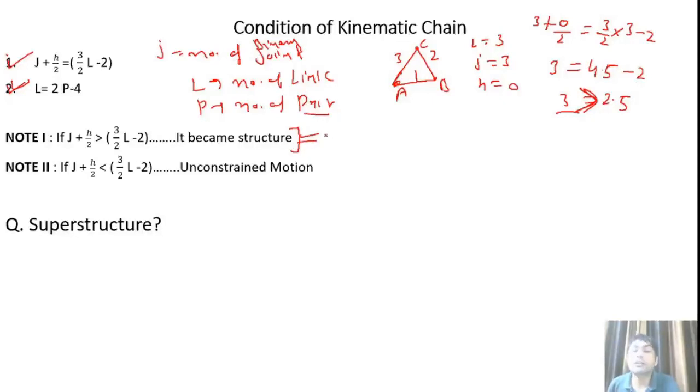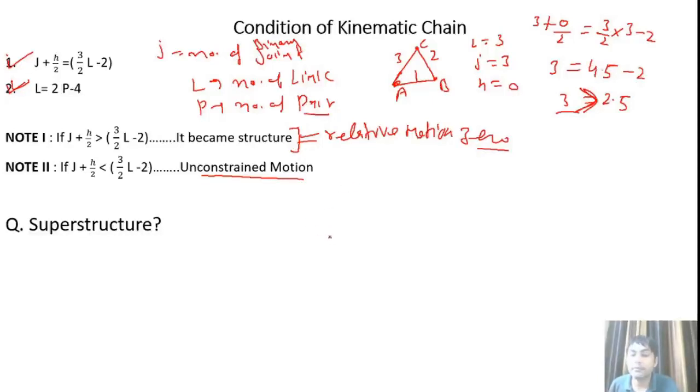In a structure there is no relative motion; relative motion is equal to 0. If J plus H by 2 is less than 3 by 2 L minus 2, then it becomes unconstrained motion. This means by giving one input you can obtain more than one output.